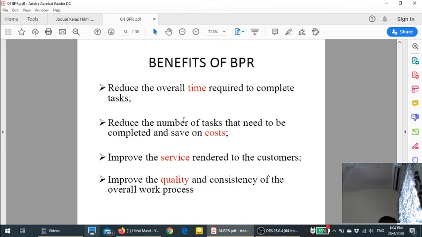People need to reduce consumption of items, because living in the world currently, because of inflation and others, the prices of goods are coming up and everything. So we must be careful. Okay. Number three is to improve the services rendered to the customers, and lastly, of course, to improve the quality and the consistency of the overall work process.